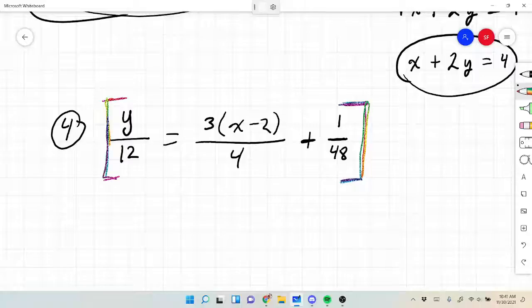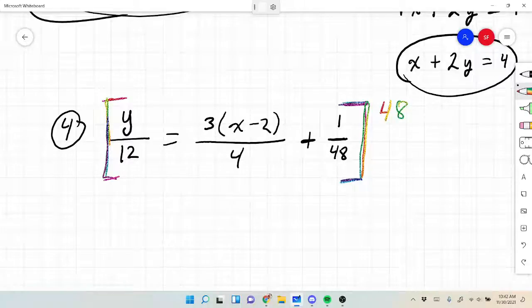No. It can't be 12 because it cannot be smaller than 48. That's the smallest thing that we can have. It's 48. Because 12 and 4 both go into 48. In fact, literally 12 times 4 is 48. Look, I made something that is not quite as obnoxious as it looks.